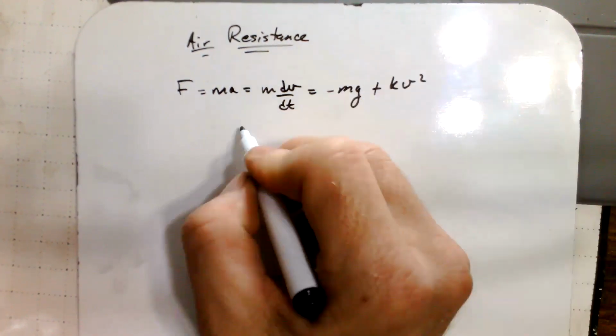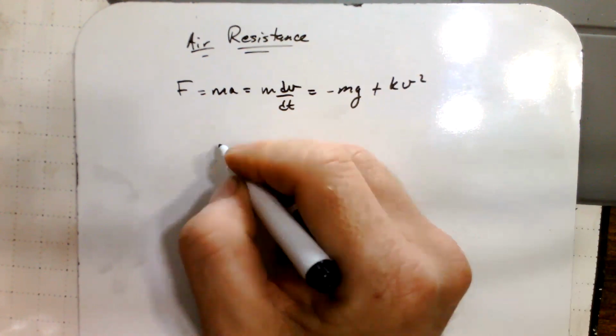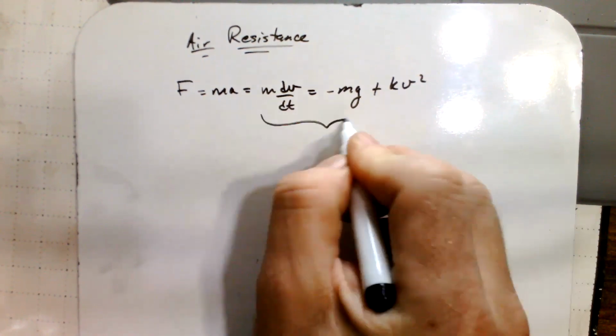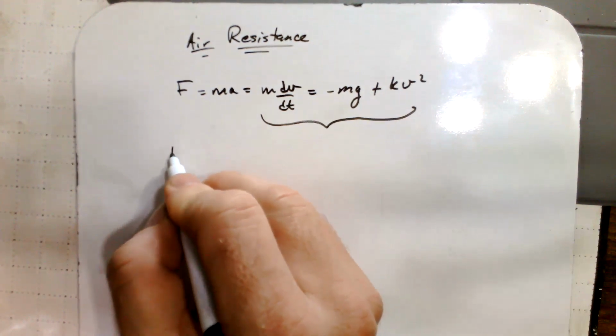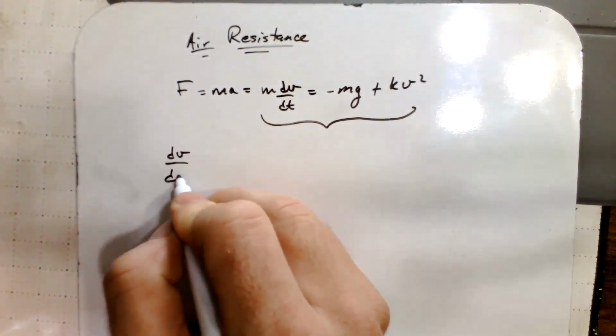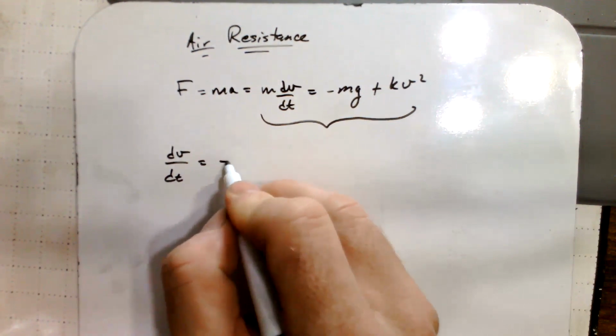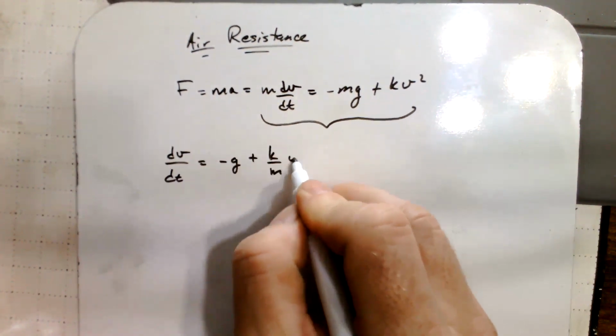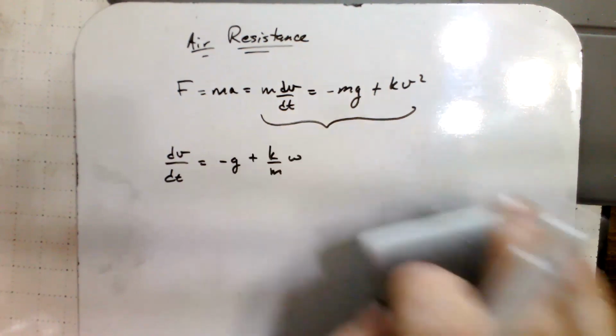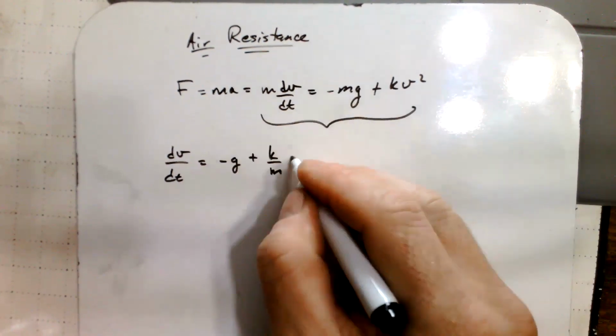Well, we can simplify. I can divide through by the mass, and I would have dv/dt is equal to minus g minus k over m v squared.